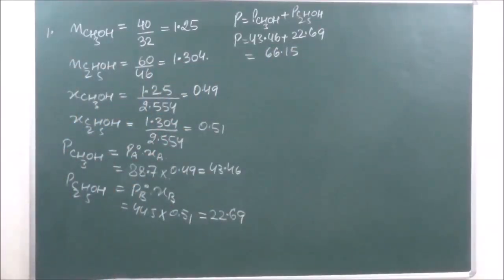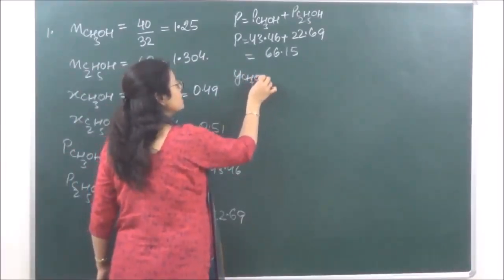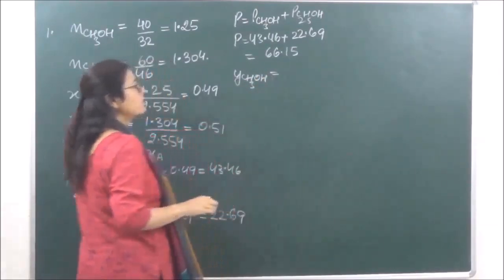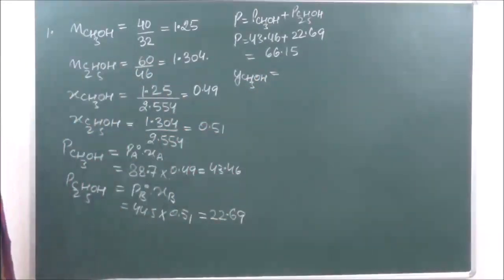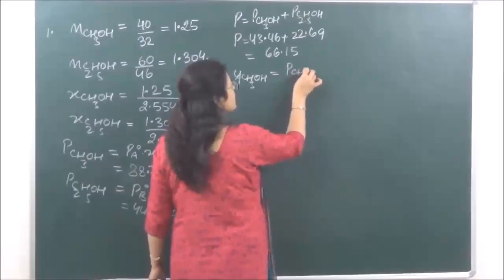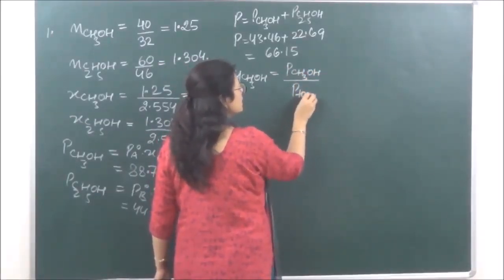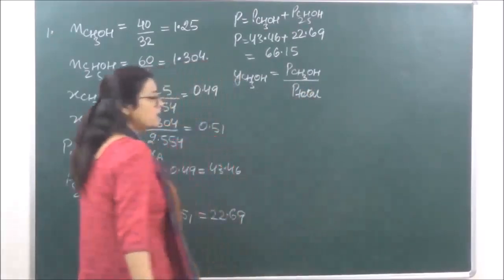Then the second part of the question will be what? We have to calculate the mole fraction of methanol in vapor. So mole fraction of methanol in the vapor state will be equal to partial pressure of CH3OH upon total pressure, right? So P of CH3OH upon P total.